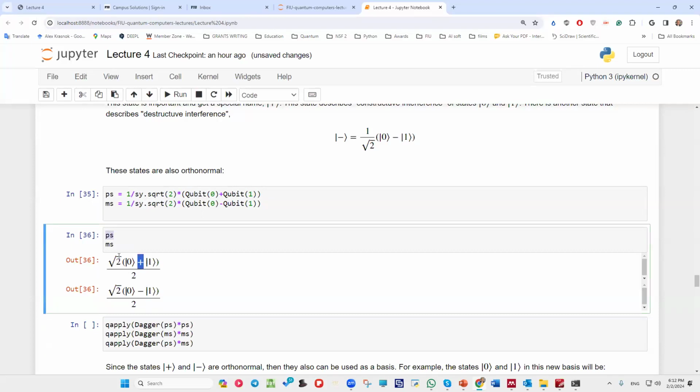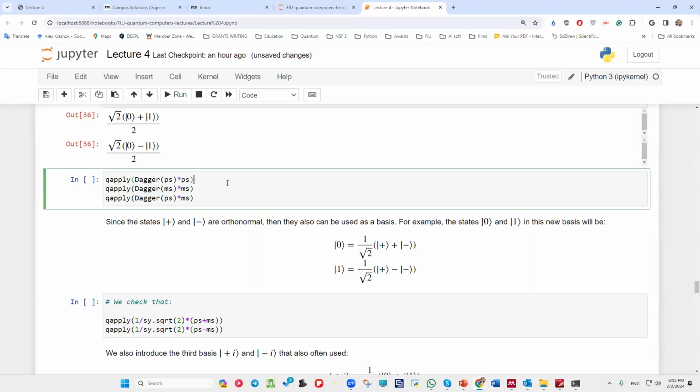Plus state is plus, minus state is minus. And let us compute the inner product of the plus state times plus state.